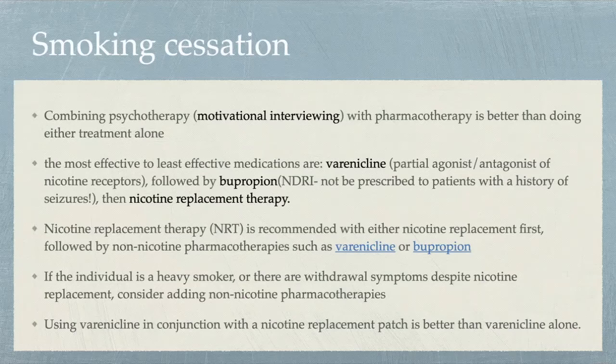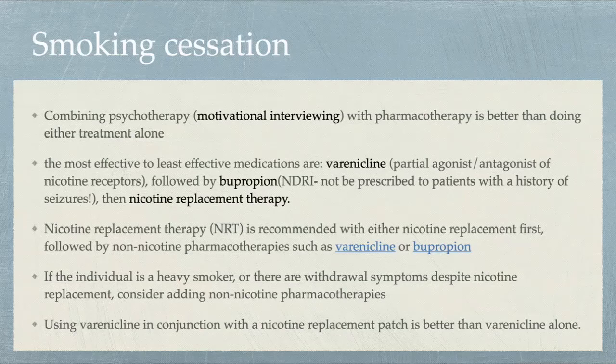For pharmacological treatment, the most effective to the least effective medications are varenicline, which is a partial agonist of nicotine receptors, followed by bupropion, which is an NDRI, a norepinephrine-dopamine reuptake inhibitor, and nicotine replacement therapy.